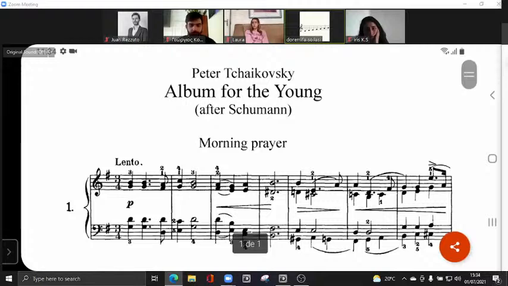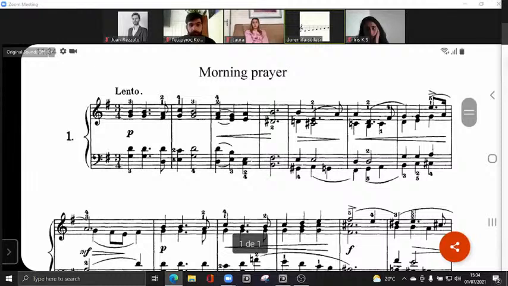Well, as you can see, it is a short piece, a beautiful piece. Let's analyze it just a little bit so we can see the orchestration. At the beginning, we have one musical idea that lasts 4 measures.